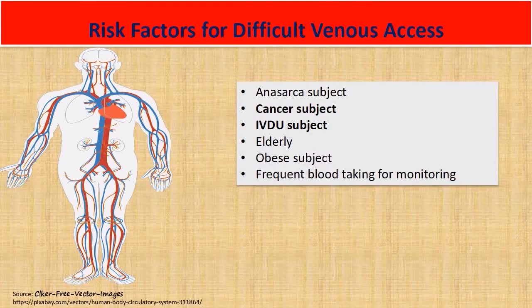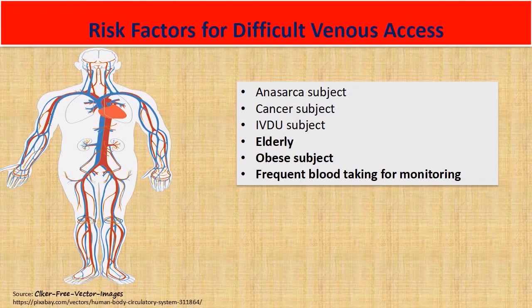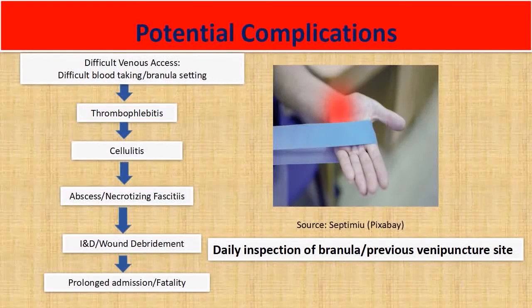Another group would be cancer patients or patients who have a history of intravenous drug abuse. The reason is because this group of patients generally would have the peripheral veins damaged by the infusions of irritant drugs. The next group of patients will be patients who are elderly, obese subjects, for the reason that the veins are normally difficult to find. And the last group will be patients that have prolonged hospitalizations and also at the same time have frequent blood taking for monitoring.